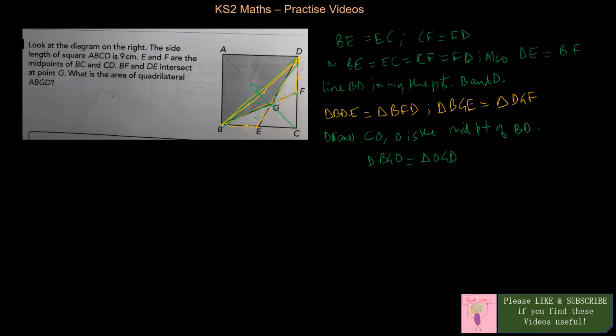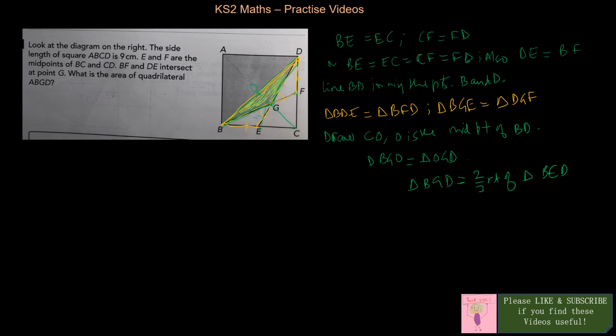So what we're trying to establish is that triangle BGD is 2/3 of triangle BED. Okay, it is 2/3 if you look at it. So this part is left out. Whichever way you look at it, this is 2/3 of triangle BED.